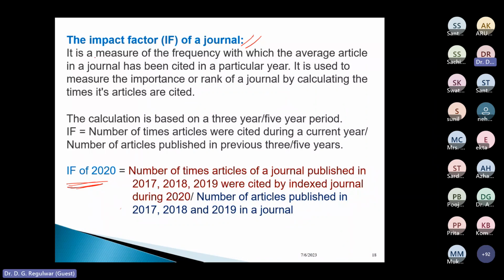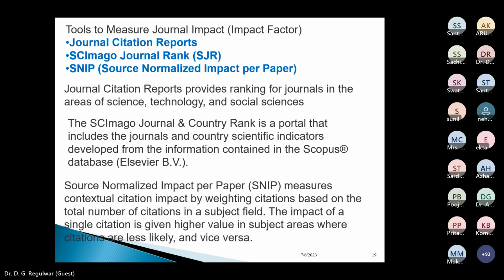So what is this impact factor? It is a measure of the frequency with which the average article in a journal has been cited in a particular year. It is used to measure the importance or rank of a journal by calculating the times its articles are cited. There are so many other tools also, like JCR, SJR, SNIP.